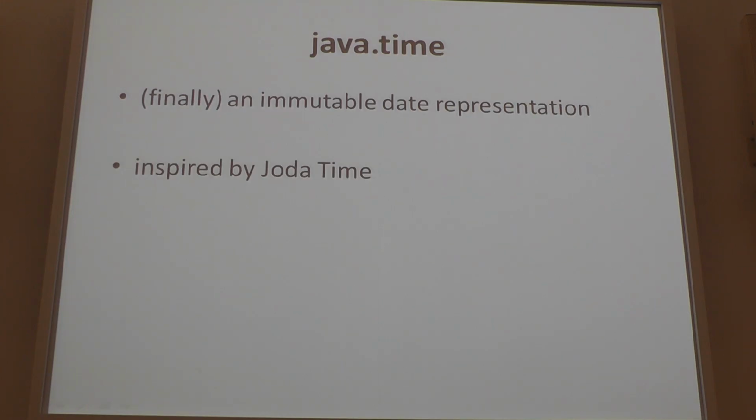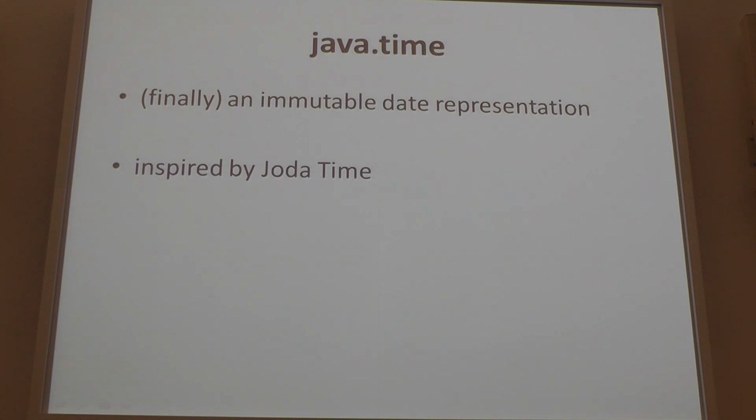And finally, I have some minor other features that come with Java 8 that are not related to functional programming or traits. And it's also something that you can benefit from in other languages than Java. For example, Java time is an addition to the standard Java library, and Java finally gets a reasonable representation of time that is immutable.